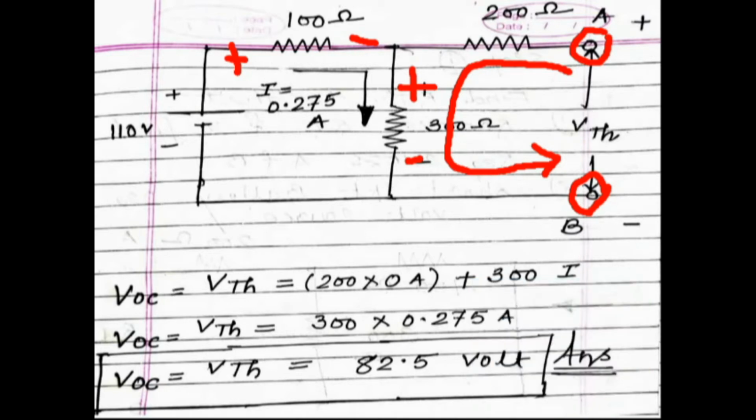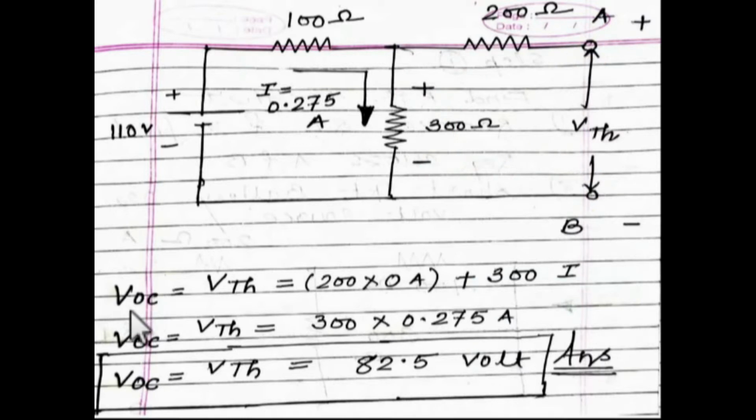Now you can write down like this: VOC is equal to VTH and that is equal to, अब यहाँ से आप ट्रेवल कीजिए। We will start from point A. Now come to the 200 ohm resistance. Is there any voltage drop or not? The current is 0, so the voltage drop is 0. So no need to write 0, or you can write 200 resistance into 0 ampere current, so it becomes 0.